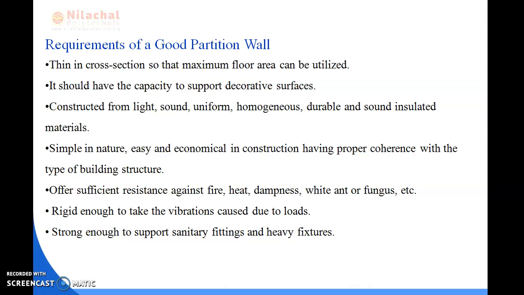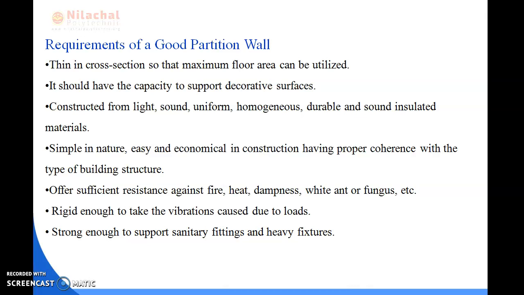It should have the capacity to support decorative surfaces, and it is constructed from light, sound, uniform, homogeneous, durable and sound insulated materials.